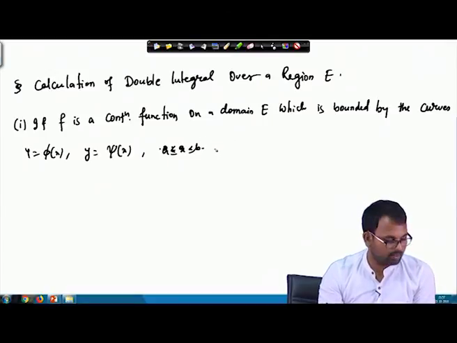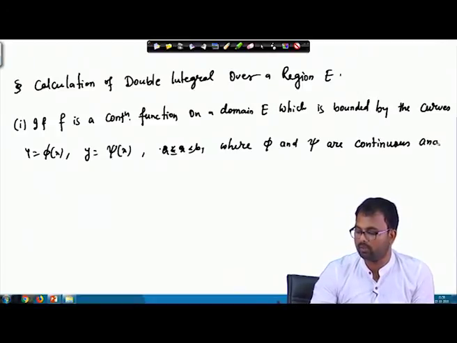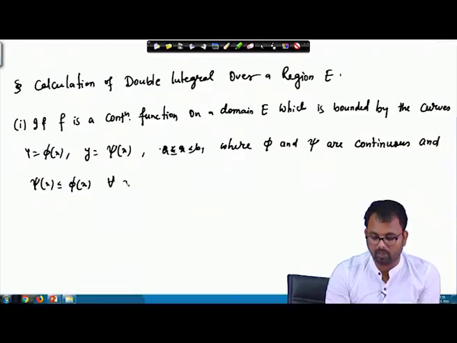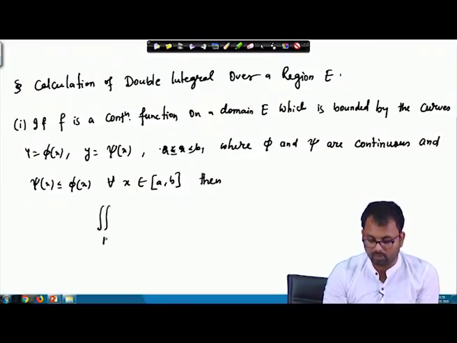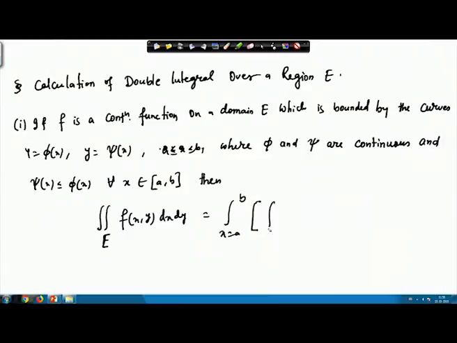Then, where phi and psi are continuous and psi is less than or equal to phi for all x in the interval [a, b], the double integral over the region E, or over the domain E, can be given as integral x running from a to b, then integral psi(x) to phi(x) f(x,y) dy dx.